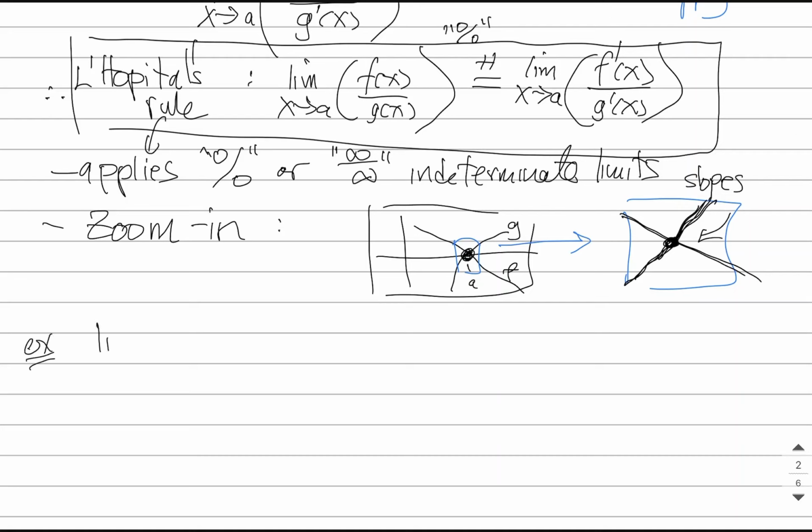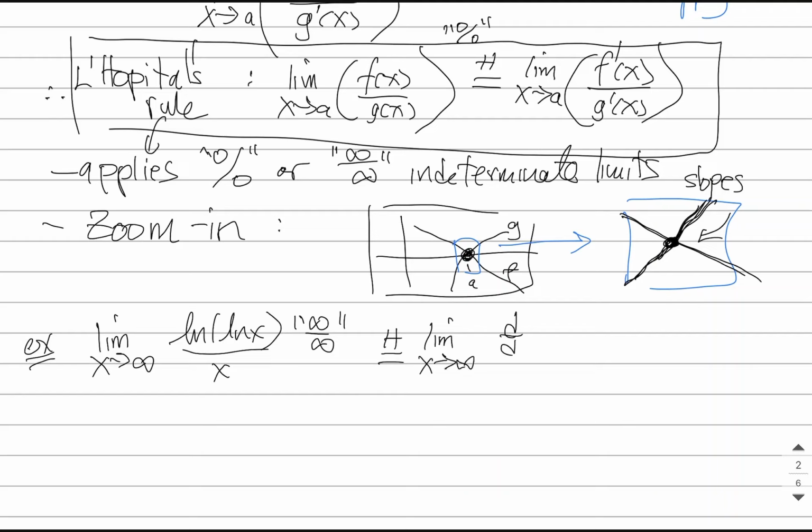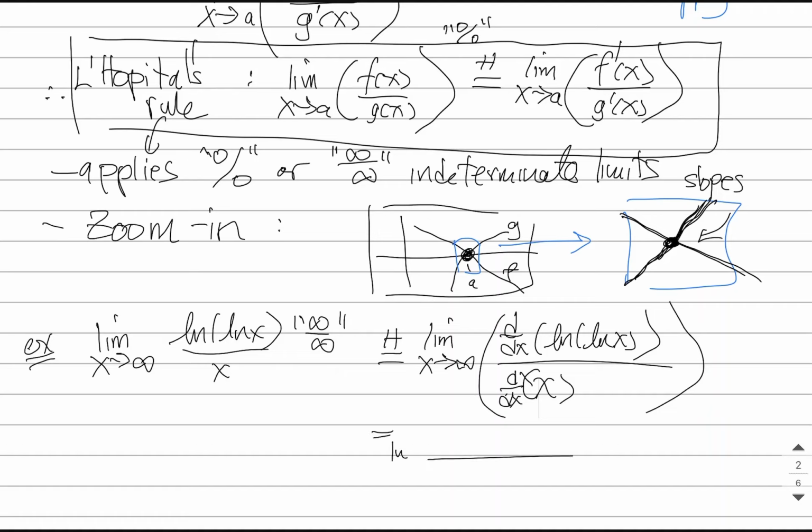In particular, if we evaluate those limits that we talked about earlier, and we say, oh, this is infinity over infinity, both of the functions are differentiable, I can use L'Hopital's rule. So L'Hopital's rule says take the derivative of the stuff upstairs, take the derivative of the stuff downstairs, and then evaluate the limit of those individually. So the stuff downstairs is very easy. The derivative of x is just 1.